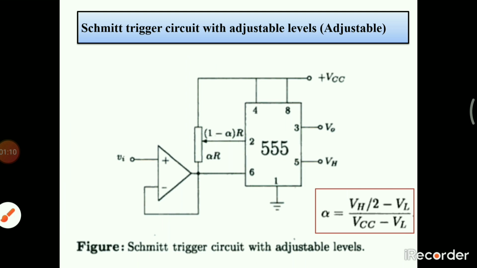The next part is the Schmitt trigger circuit with adjustable level. In this circuit, timer 555 is used to find out the time constant of a series and parallel RC circuit. The advantage of this circuit is we could adjust the levels of VH and VL. It depends on us how to adjust VH and VL by using alpha.